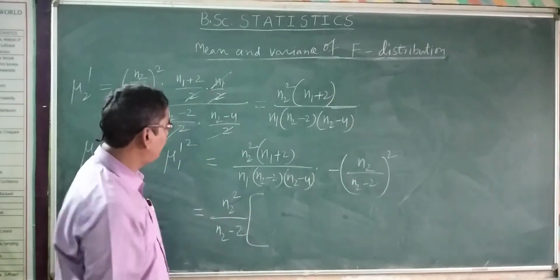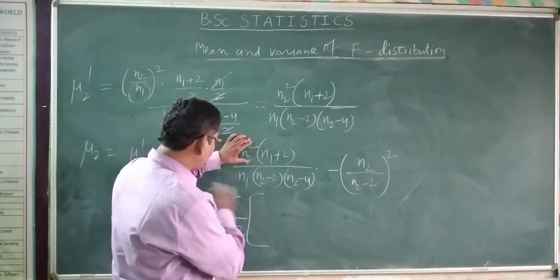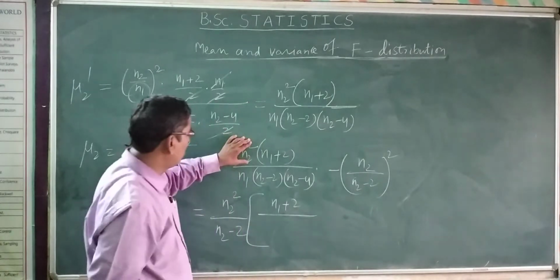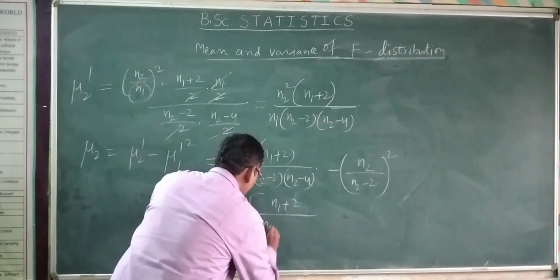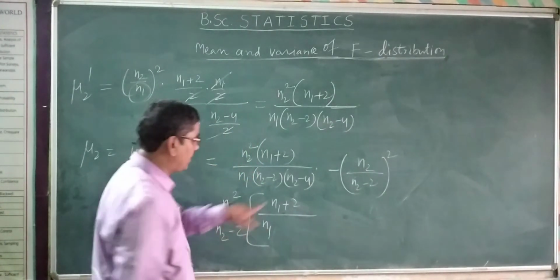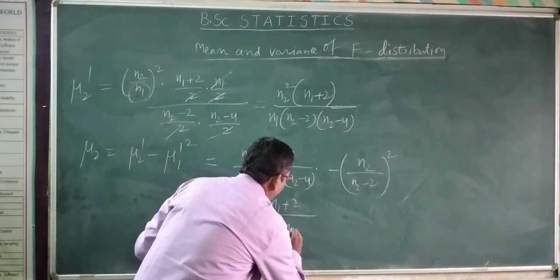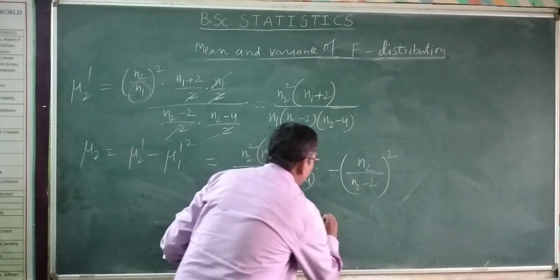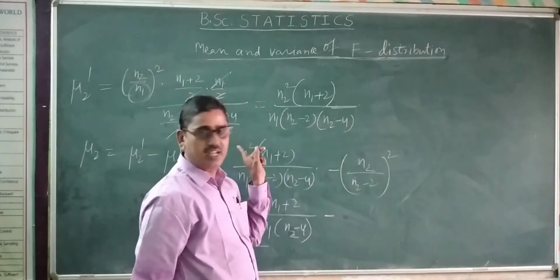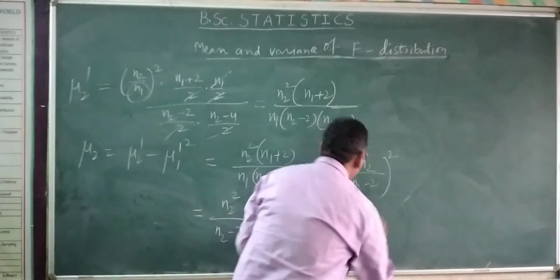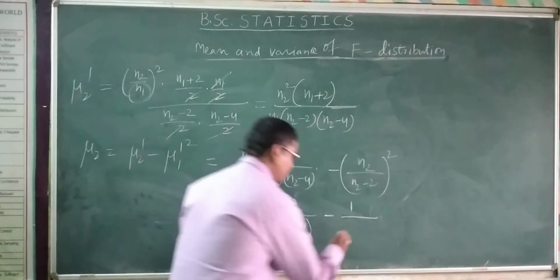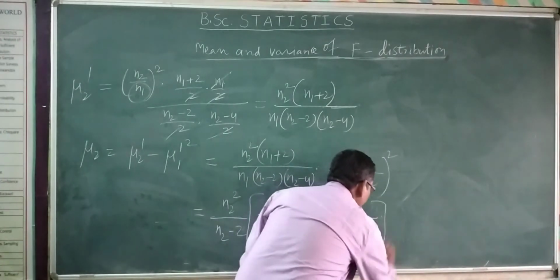Since n2 square is taken, we have n1 plus 2 divided by n1 into n2 minus 4, minus, here n2 square is taken, so in the numerator we have n2 minus 2 whole square, and n2 minus 2 common, so n2 minus 2.